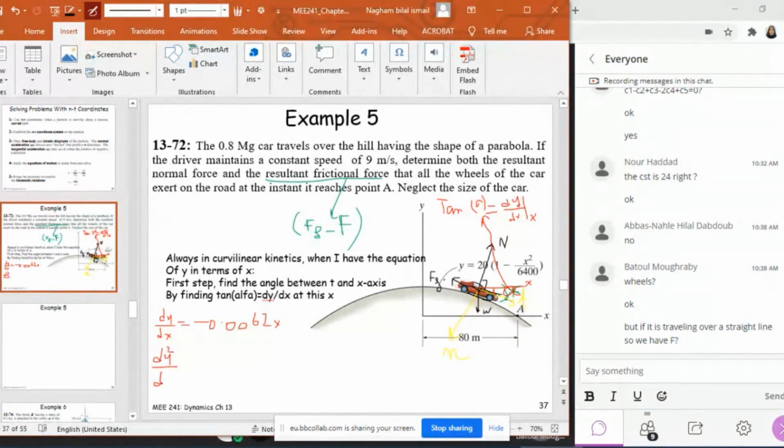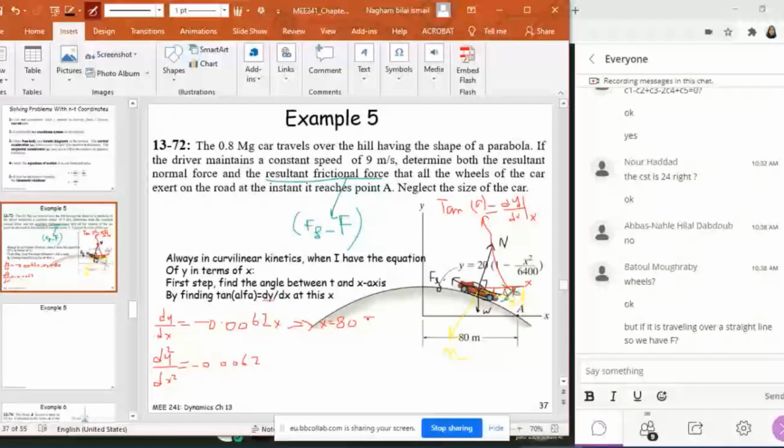And what about the second derivative, d squared y over dx squared? This will be equal to a constant, and it is equal to minus 0.006. From the first derivative equation, at x is equal to 80, you can find tan alpha, and then you find alpha.